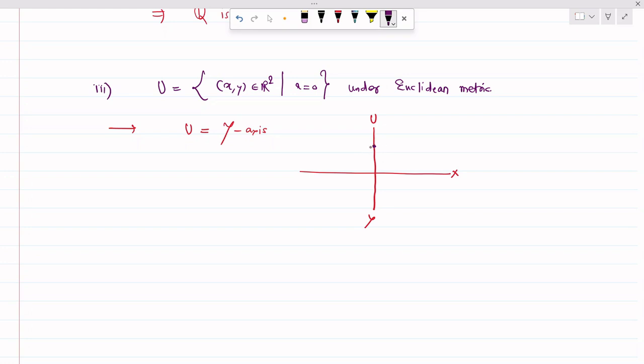Now if I choose any small radius, this is my point from the set, suppose this is the point (p, q). If I choose any small radius, that open ball will definitely contain some points to the right of the y-axis and points to the left of the y-axis, where the x coordinate is non-zero.